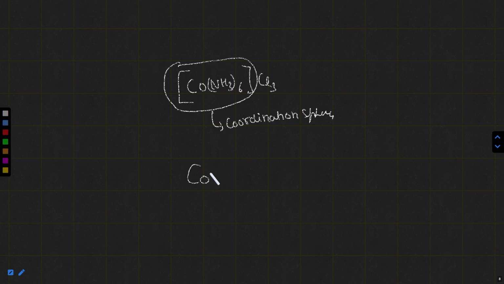Now in the next case, when one ammonia was less, one of the Cl moves inside. So you can see here that the bracket term is the one which is satisfying the secondary valency.